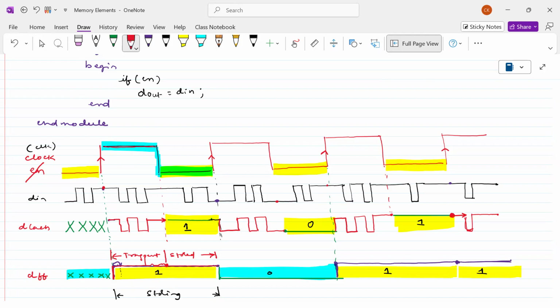Now, as you can see, there is a change here. What change? This is a positive change. Whenever there is a positive change, it will go into the always block. What we mentioned in the always block is transparency. That means whatever the D input signal is here, it will be transparent at this place.